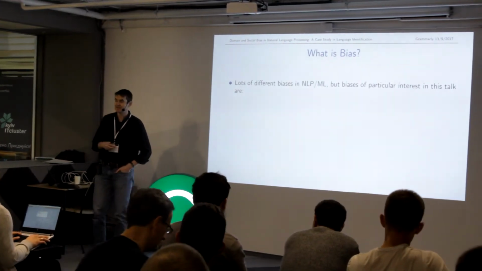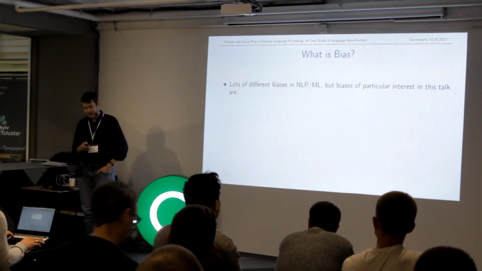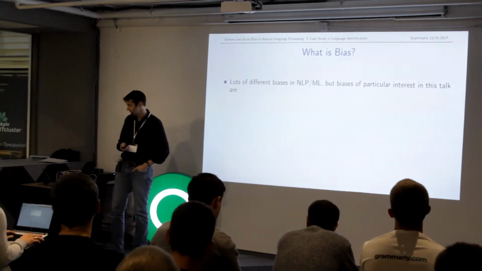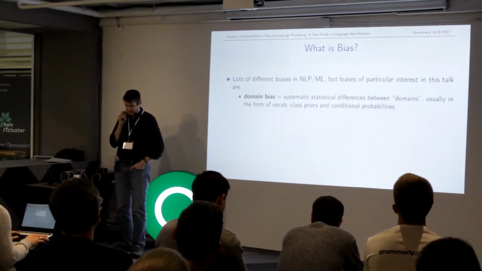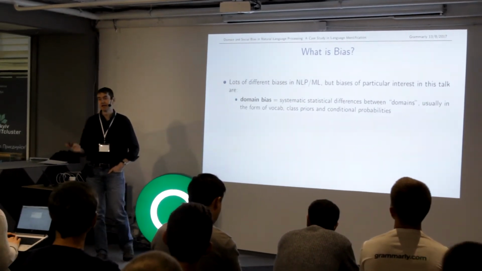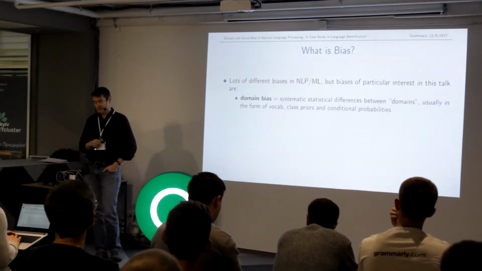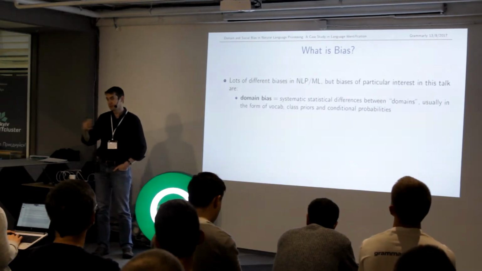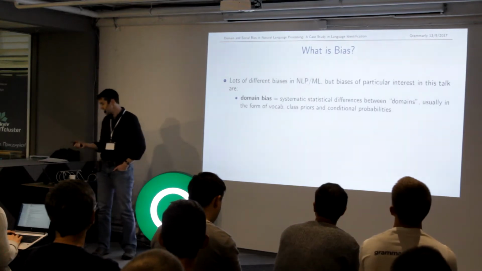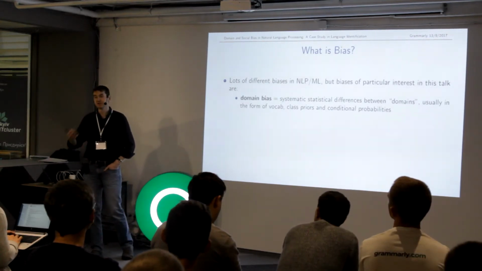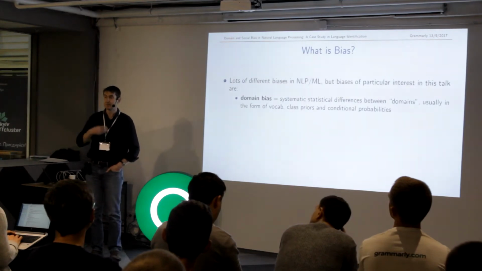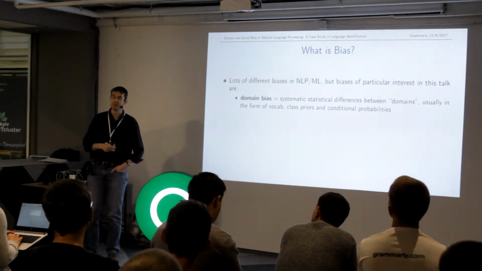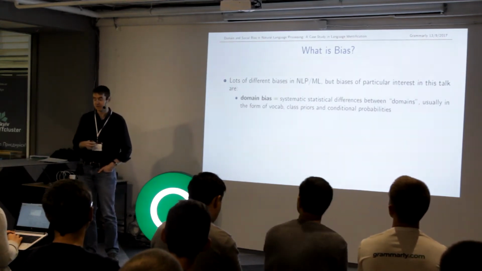If you've done any stats, you have some basic notion of what bias is. There are biases all over the place, statistical and psychological. The particular ones I'm going to be interested in today's talk are a domain bias. This is the idea that you train a model in one domain, you want to port it to a second domain, and in order to do that, you need to update parameters of your model in some way, and that's usually in the form of updating the priors, depending on the type of model, and the conditional probabilities for whatever features you have in your model.